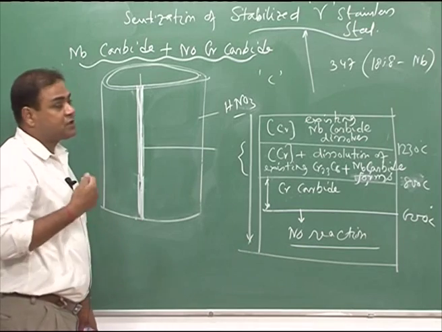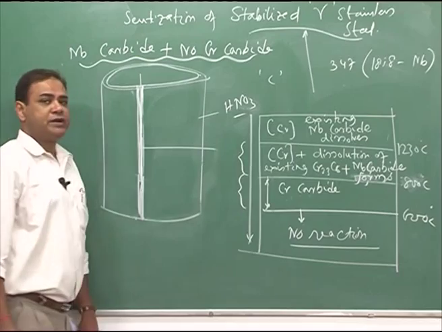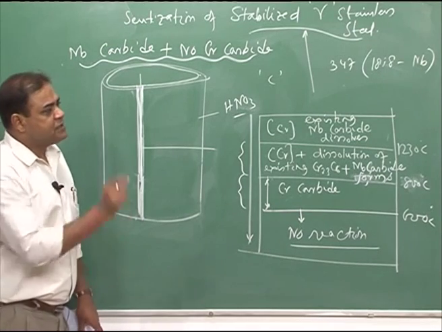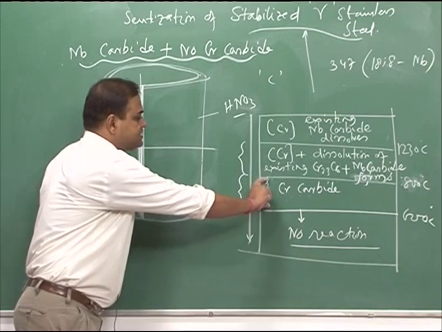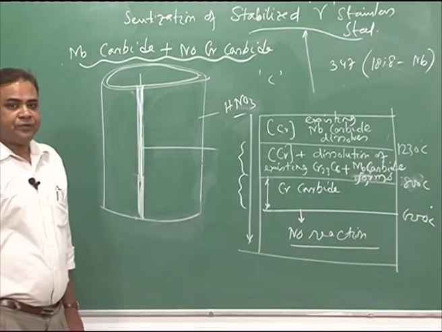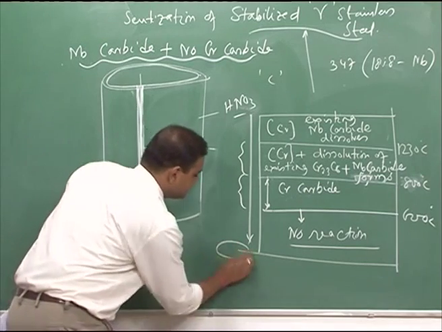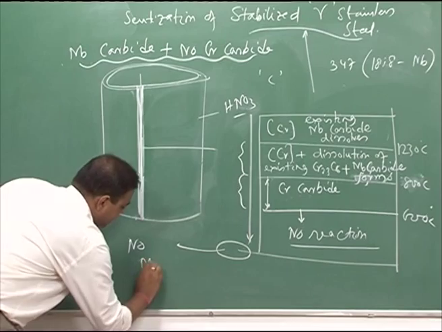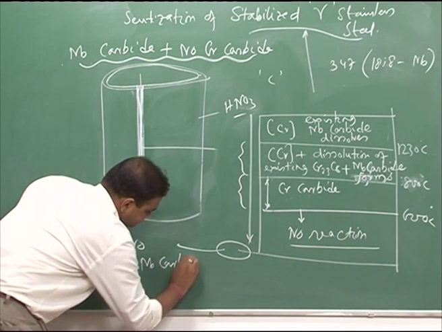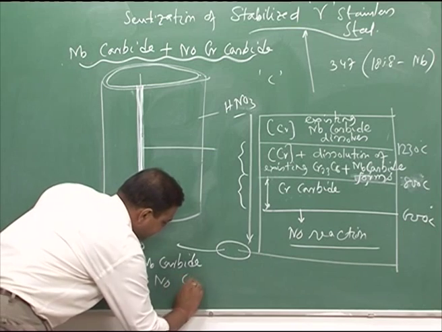But since the cooling rate is also very fast in this zone, the material would exist in this temperature zone for a very short time. So, no chromium carbide formation, and the steel has gone to this place where we have no niobium carbide and no chromium carbide.